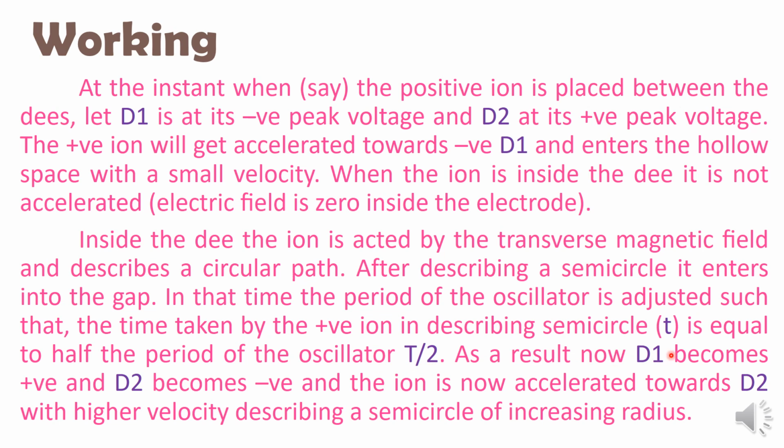Then, as soon as the particle enters the gap, if these two times are equal, the polarities of the electrodes automatically get reversed and the particle is accelerated when it enters the gap, and it enters the other electrode.